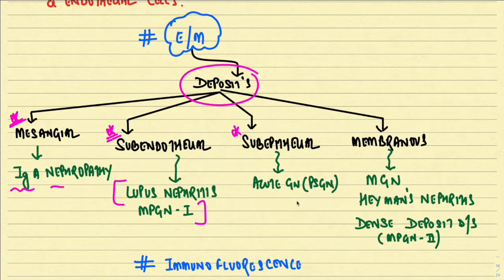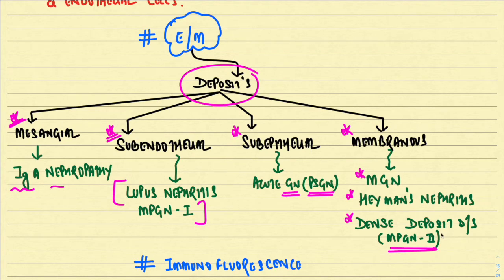Subepithelial deposits are classically seen in acute glomerulonephritis, that is the PSGN. Then the membranous variety of deposits, which are mainly focused on the membrane, is seen in membranous glomerulonephritis, Heymann's nephritis, along with dense deposit disease, that is also MPGN type 2.